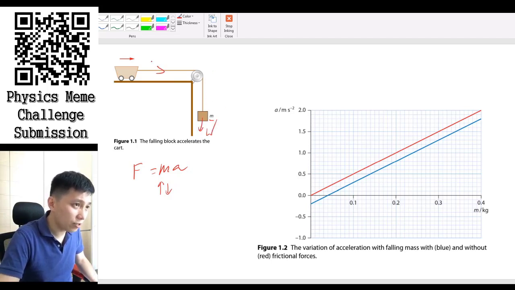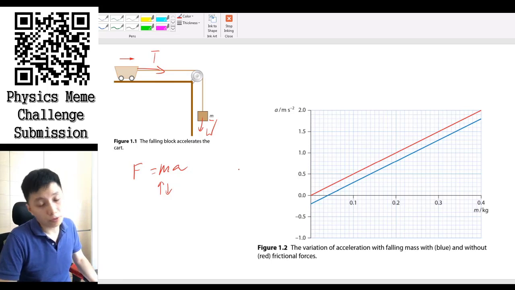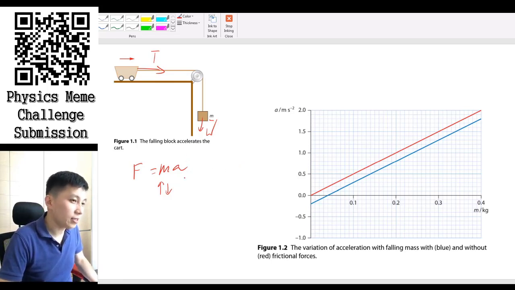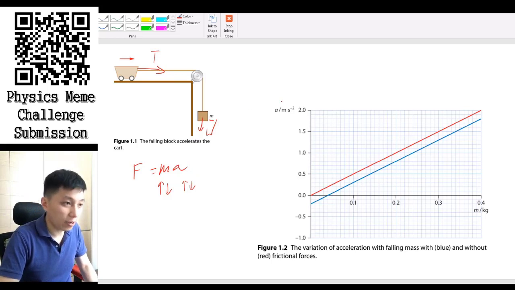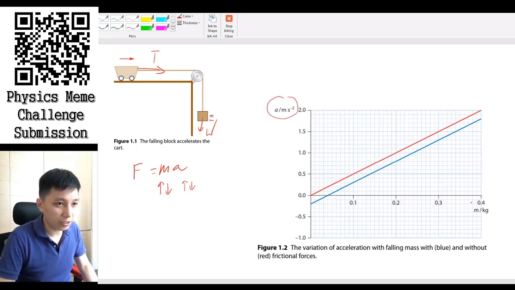So there should be a difference in terms of the acceleration. Hopefully this is the relationship that he could find out by changing the m of this block and observing a.